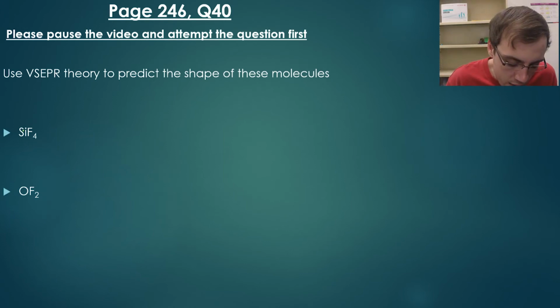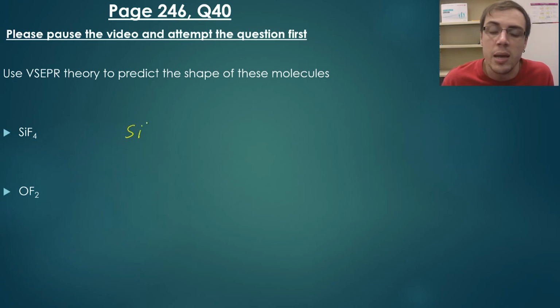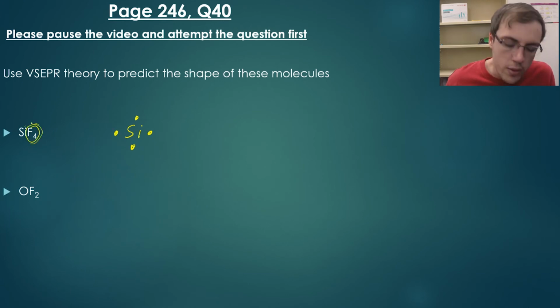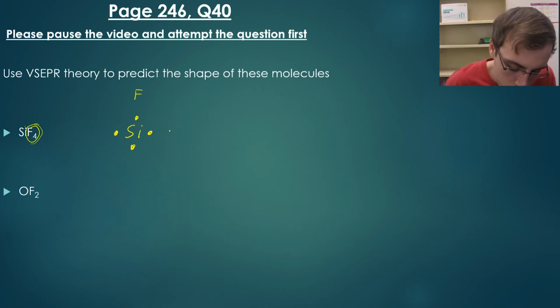So, as we have a look at silicon tetrafluoride, we write silicon. Now, looking at the periodic table, we would see that silicon has 4 valence electrons. Now, we have a look at fluoride. Okay, so there are 4 fluorides.